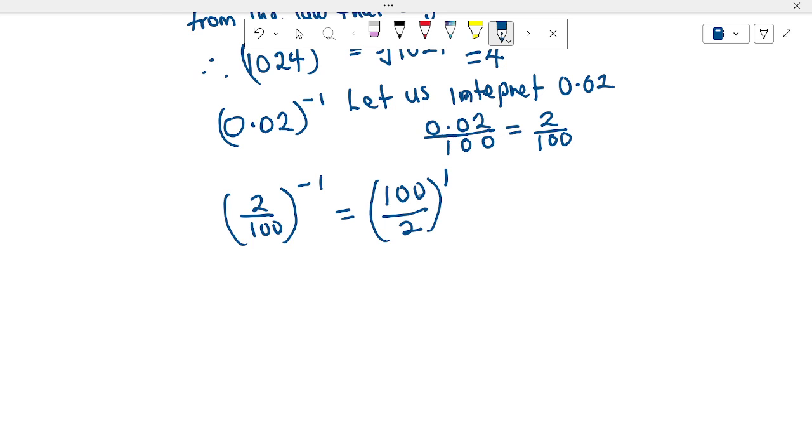That means you have been following all that we've been saying. You leave that at that. And 100 all over 2 raised to power 1 is the same thing as 100 all over 2. 3 raised to power 1 is 3. 100 raised to power 1 is 100. Anything raised to power 1 is that same number.